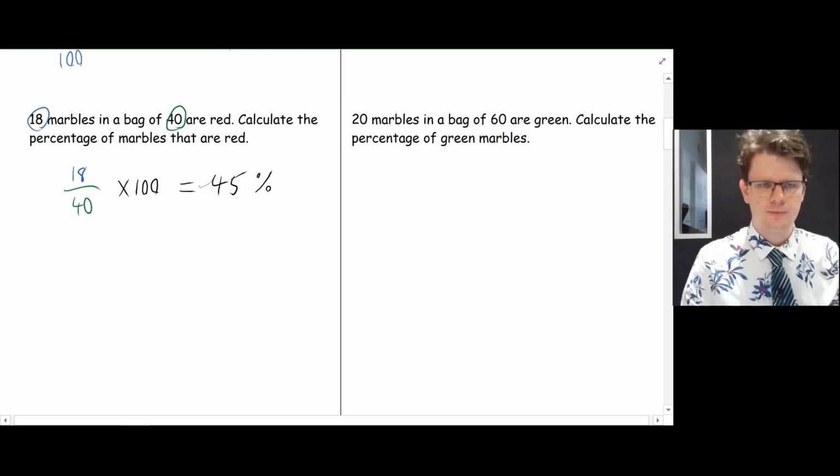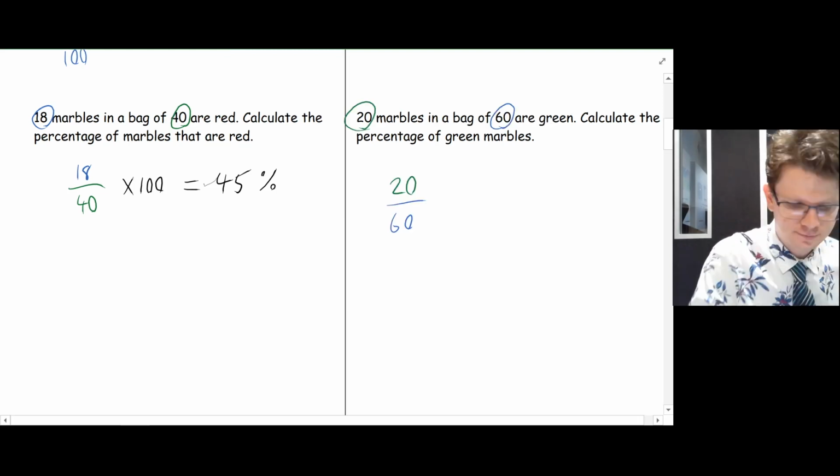Alrighty, well it's the same thing, right? Part out of whole. So what's my part? 20, 20 are green. How many are there in total? 60. Times by what? Times by 100. Why? Because we're looking for a percentage. We always times by 100.